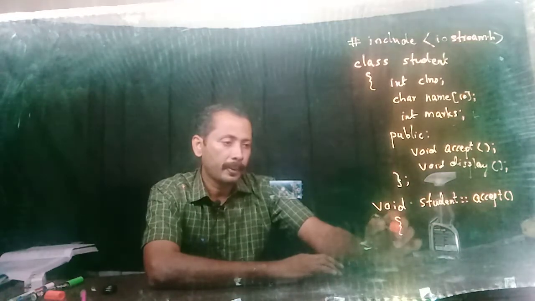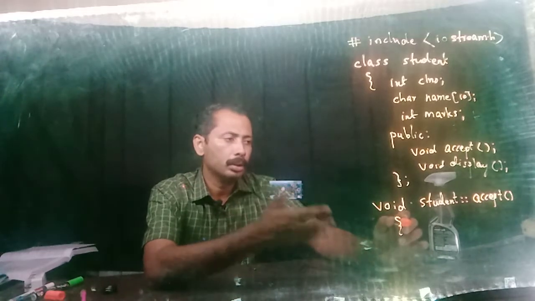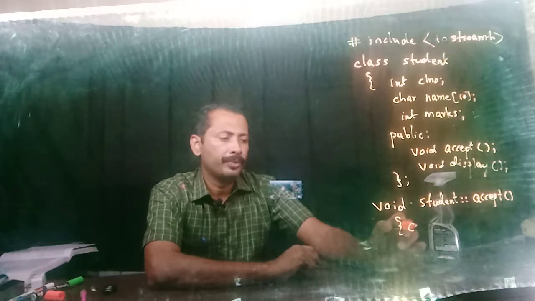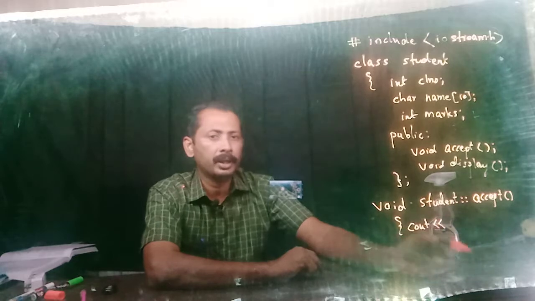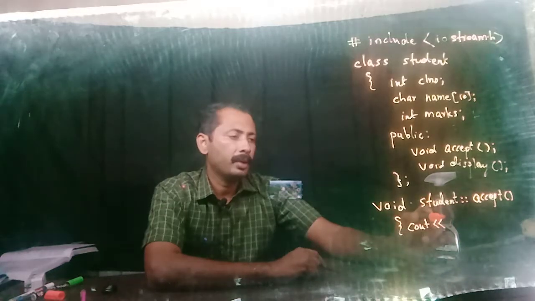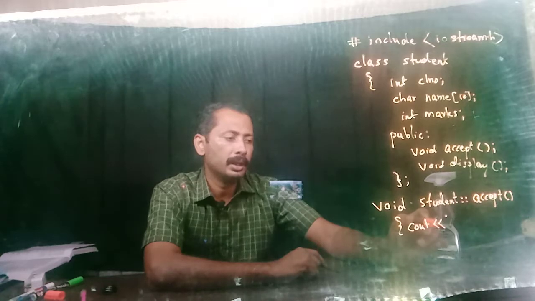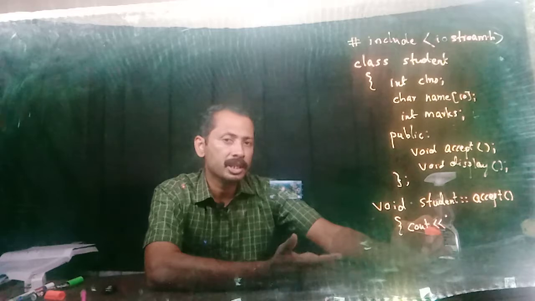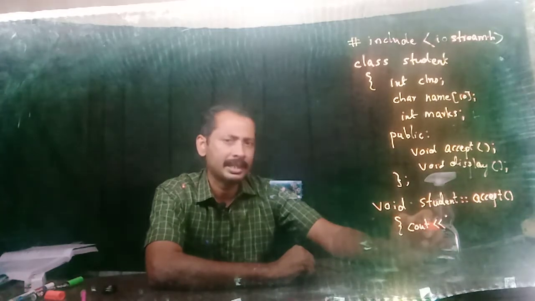And here I am writing code to accept values. Before that, to make the user aware that the user has to enter values, I am giving a message as cout, and I am using two less than symbols, and this operator is called the insertion operator. Insertion operator is nothing but two less than symbols.